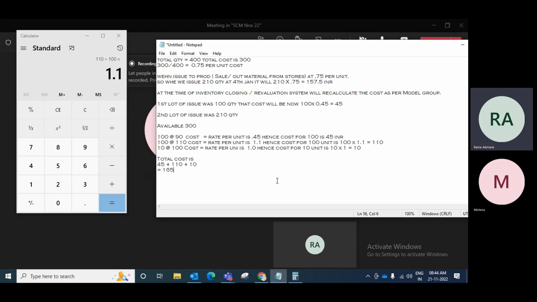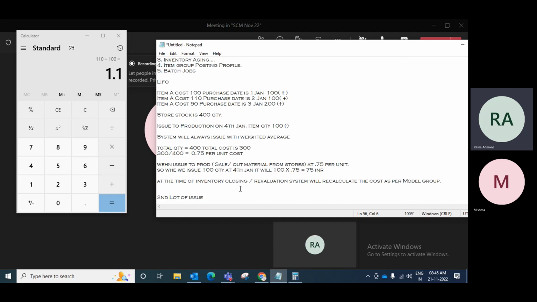This is a very important concept. Try to digest this. I have not taken a complex example. I have taken a very simple example. In a complex example, you will always have purchase as well as sale happening continuously. Now we took only one item with different dates.